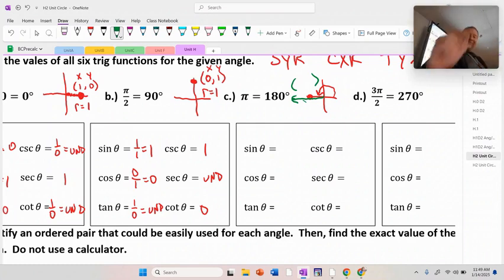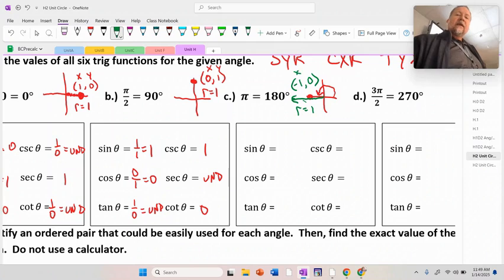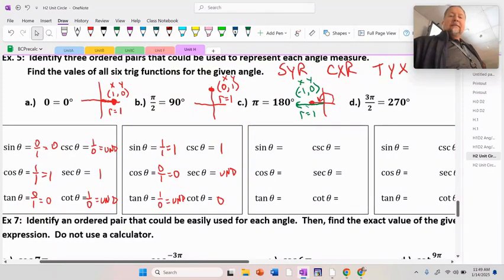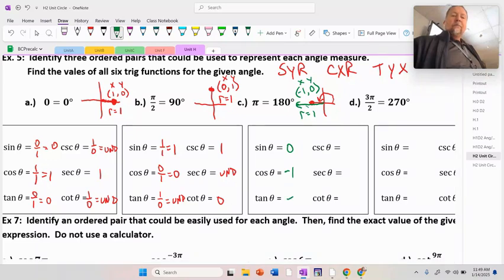What would be one of them? -1, comma 0, and r is always equal to 1 in these cases. That's x, that's y. It's really the same question as the first one, except I get negatives now. Y over x is still 0 over -1.